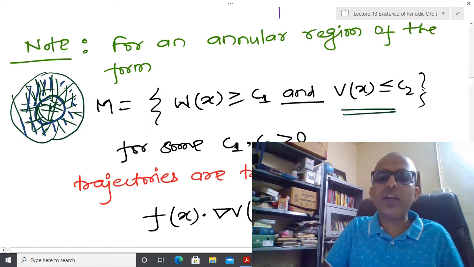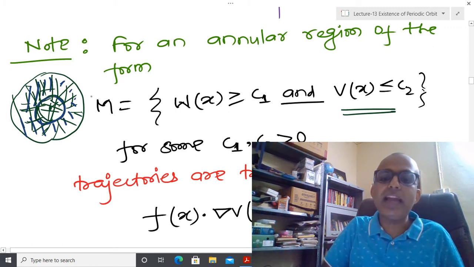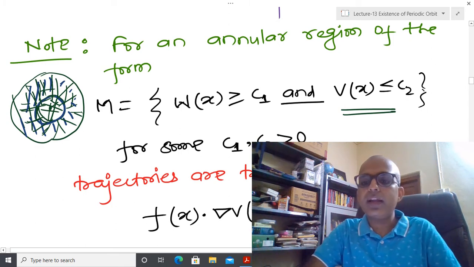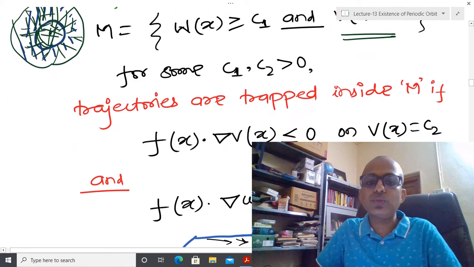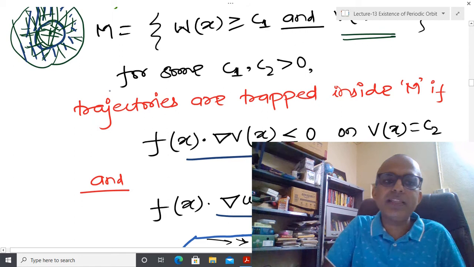But even if I don't have an equilibrium point inside M, I have to check again on the curve V(x) equal to c.